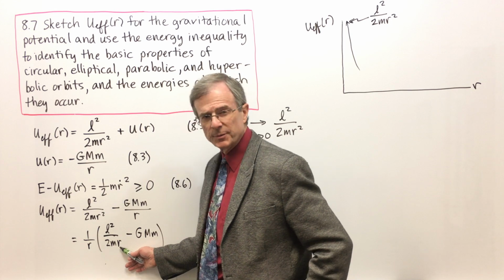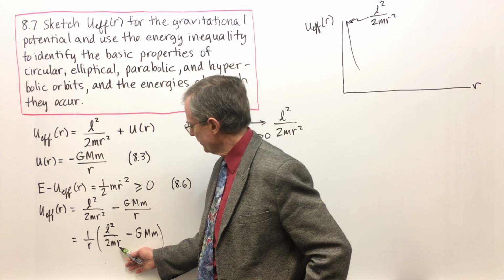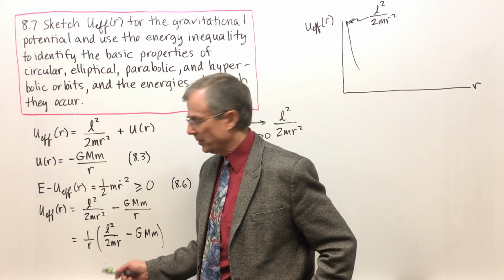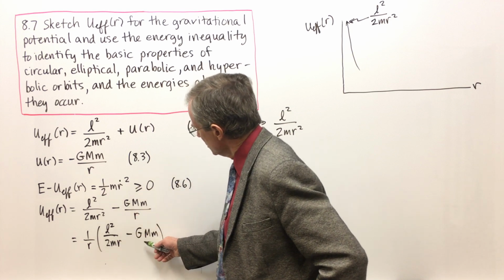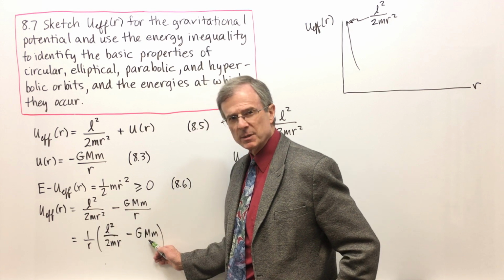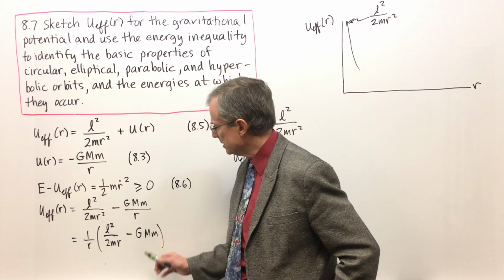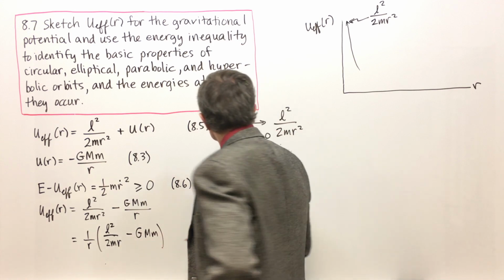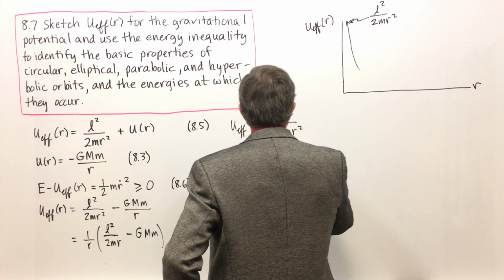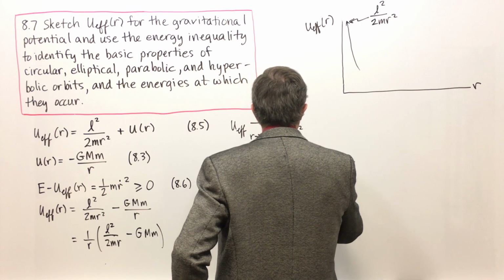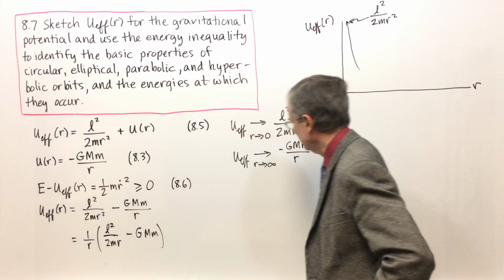Well, as r goes to infinity, we have 1 over infinity, that's 0. This one approaches 0. So U effective is going to be dominated by this term as r goes to infinity, because any constant is going to be bigger than something that's going to 0. So it just goes like minus GMm over r.